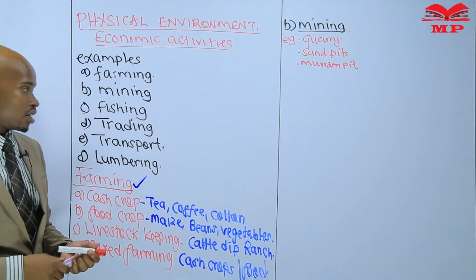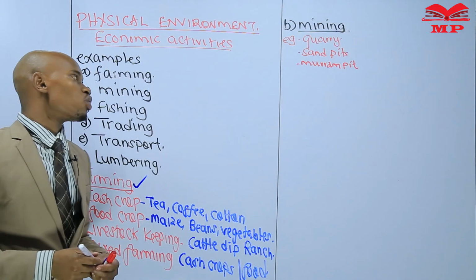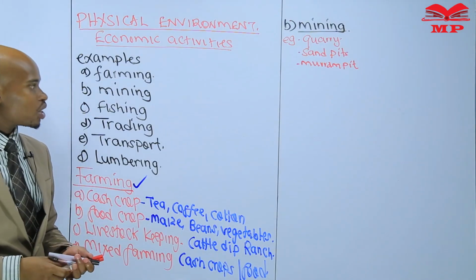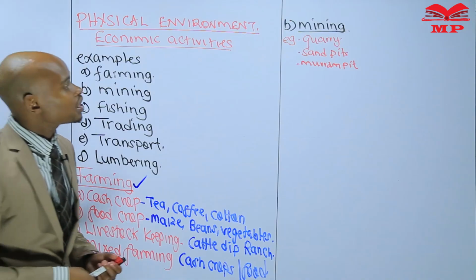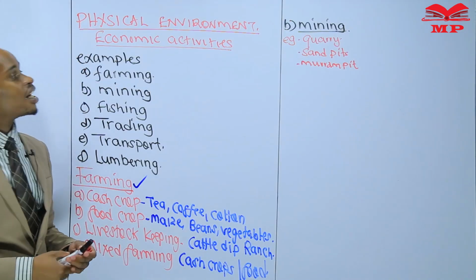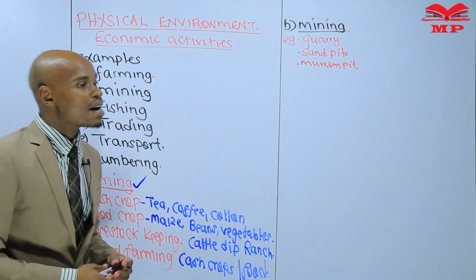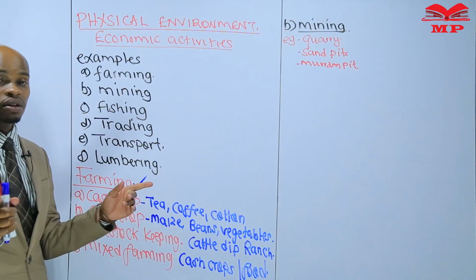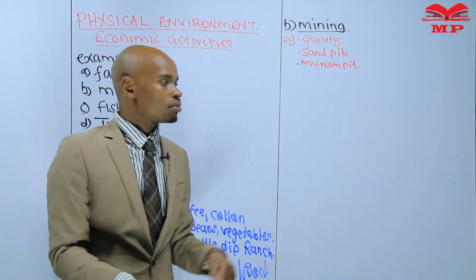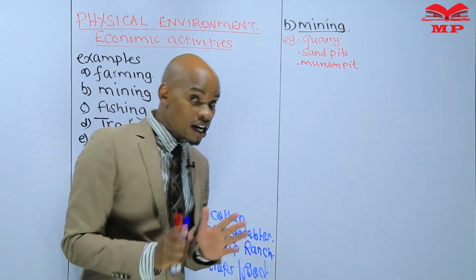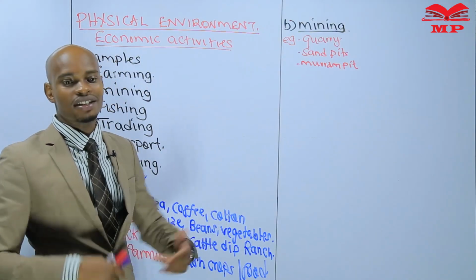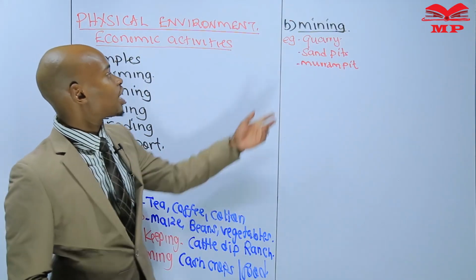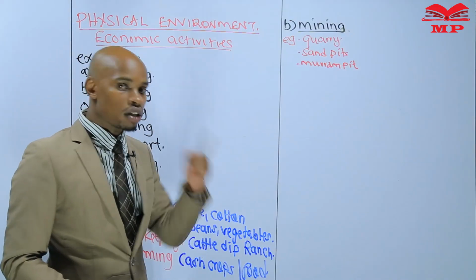But I have to warn you about mining. Sometimes they write an exhausted mine, an exhausted sand pit, an exhausted maram pit. That means what? Mining was there, but it does not happen anymore. So in case there is an exhausted quarry, there is no mining.